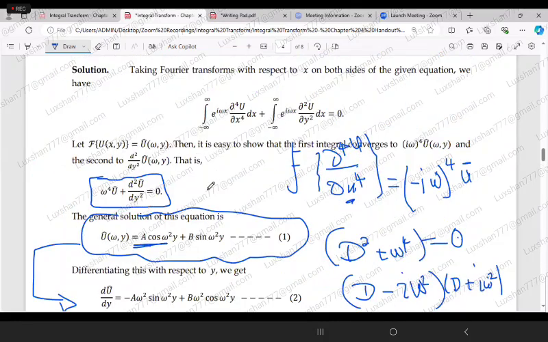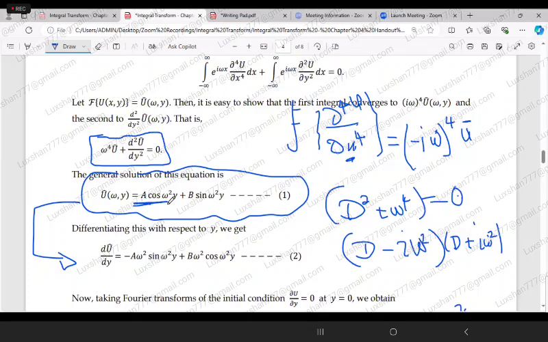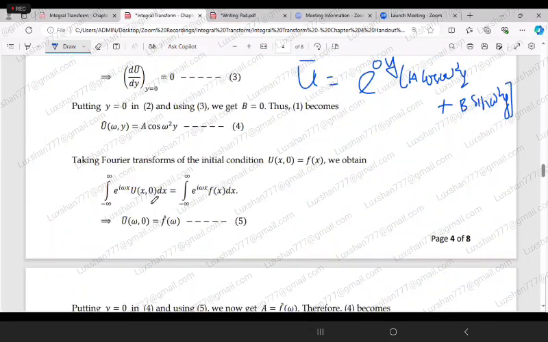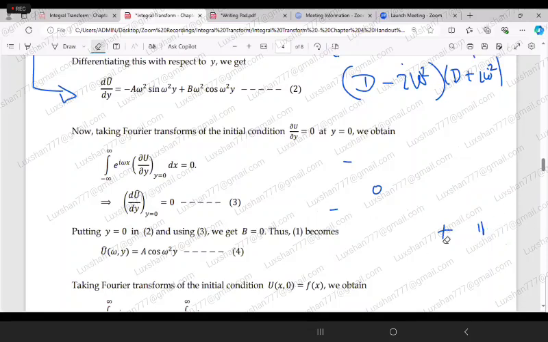Since the variable x runs from minus infinity to plus infinity, we are using the Fourier complex transform. So we take the integral from minus infinity to plus infinity of e to the power i omega x times du/dy equals 0. Since it is with respect to y, you can always take it out.